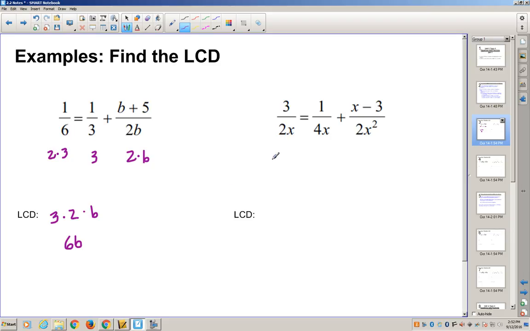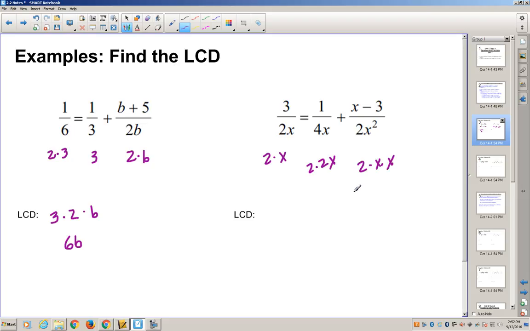If you come over here, you notice that in terms of breaking them down, we've got a 2 and an x. Here we've got 4 can be broken down, so this is 2 times 2, and then this is 2 times x times x.